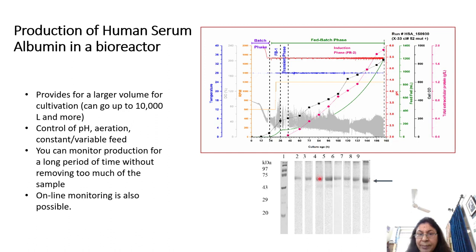Okay, now in the bioreactor, as you see here, you can continuously give a feed like you saw here. More carbon, sometimes nitrogen, or sometimes something else, in liquid form, can be introduced into the bioreactor. In blue is shown the temperature. In this case, the temperature is controlled at a certain temperature, like you see here, 28 degrees.